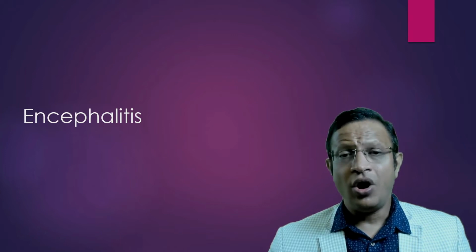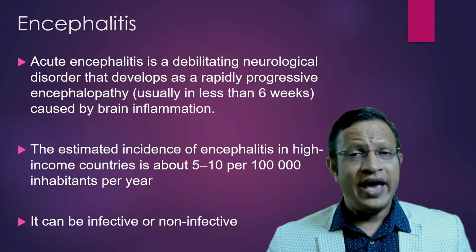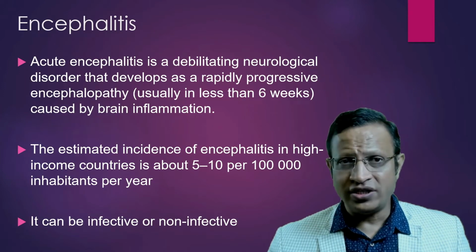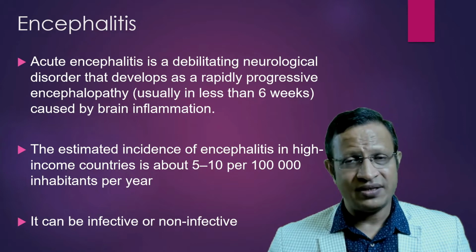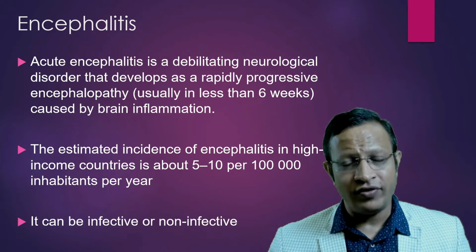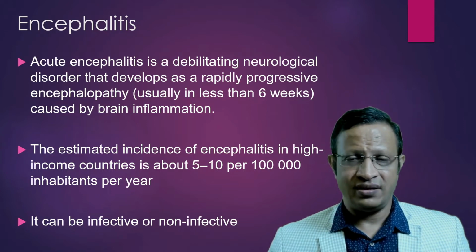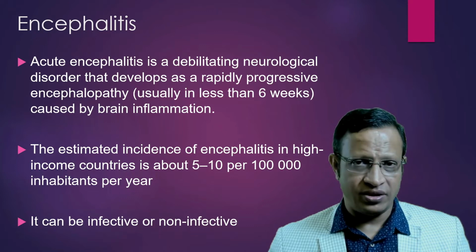Let's move further. What is encephalitis? Because today we are going to discuss autoimmune limbic encephalitis. Encephalitis is a debilitating neurological disorder that develops as rapidly progressive encephalopathy within a period of 6 weeks, caused by brain inflammation.